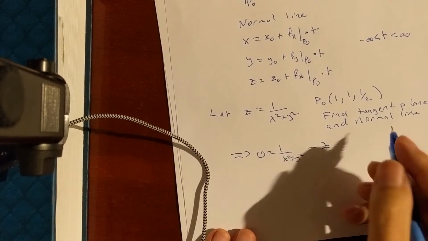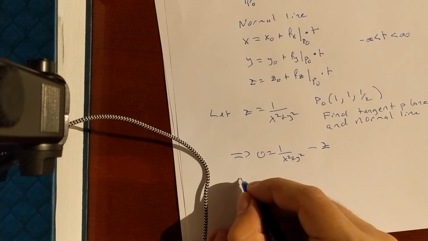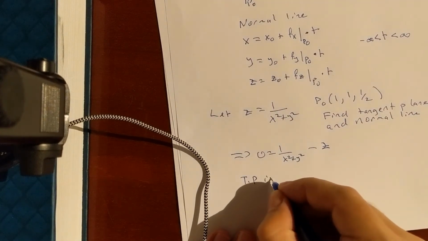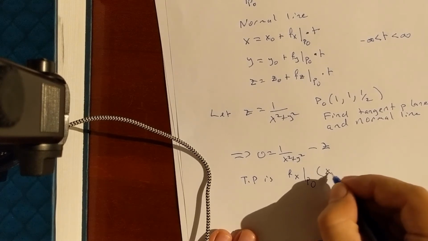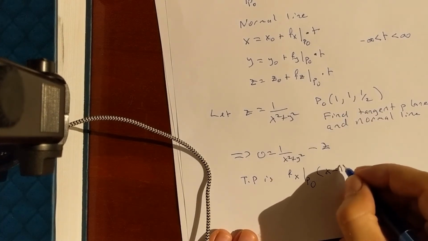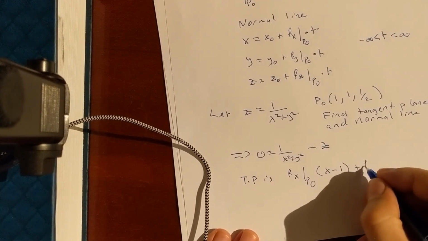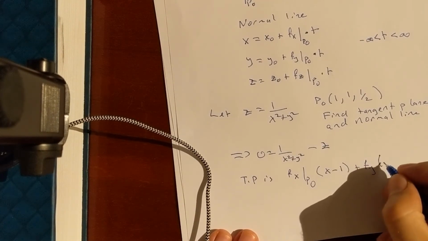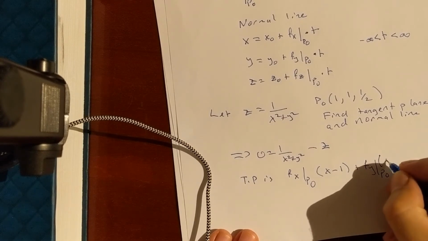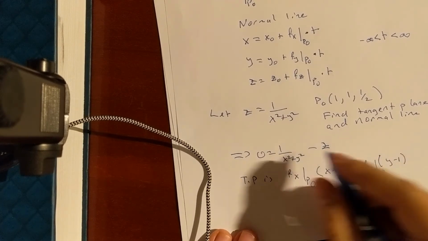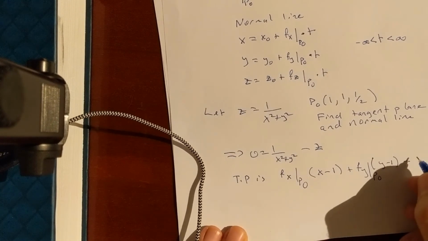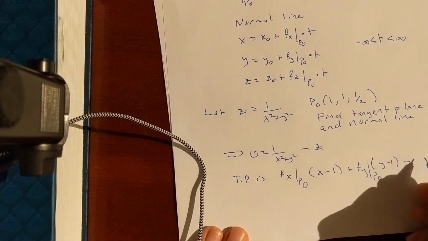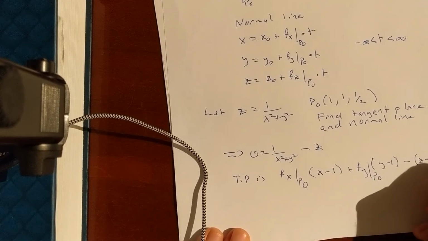The tangent plane is going to be f sub x evaluated at P naught times x minus x naught, which is just x minus 1, plus f sub y evaluated at P naught times y minus 1, plus f sub z, which is just minus 1 again. It's always minus 1 when you have a function of two variables. Times z minus 1/2 equals 0.